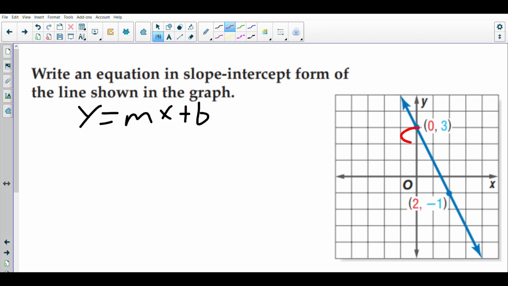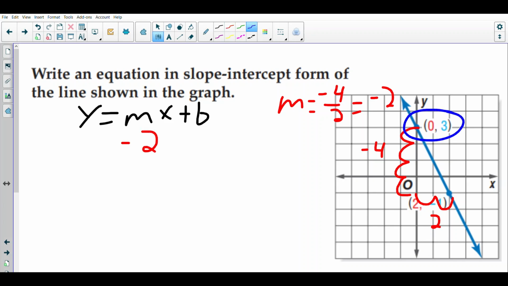So let's count 1, 2, 3, 4, so we get -4 down, and then 1, 2. So our slope, m, is equal to -4 over 2, which is just -2. And then our intercept is right here. It's the y-coordinate, so it's just 3.